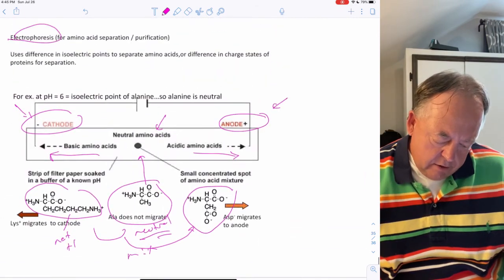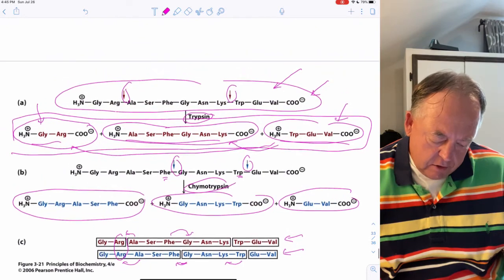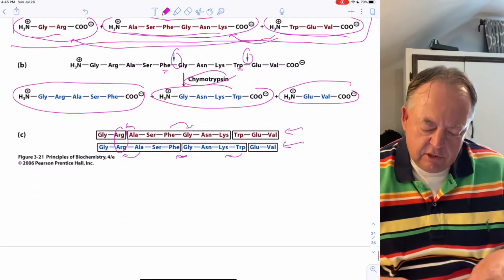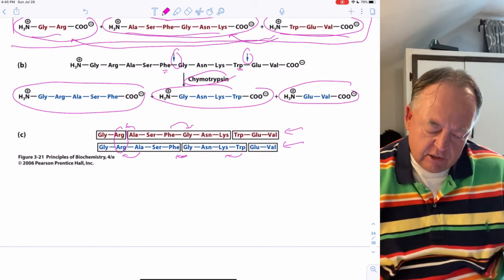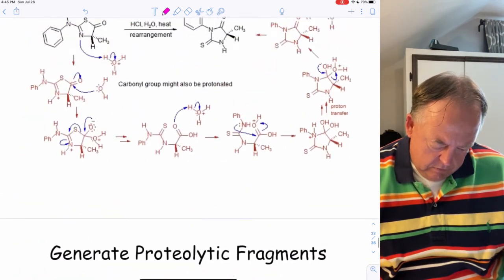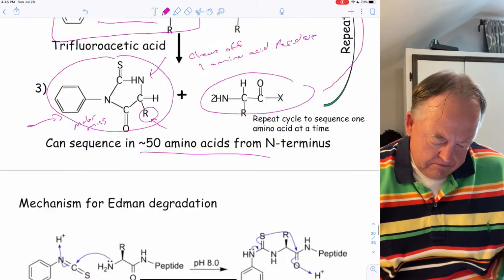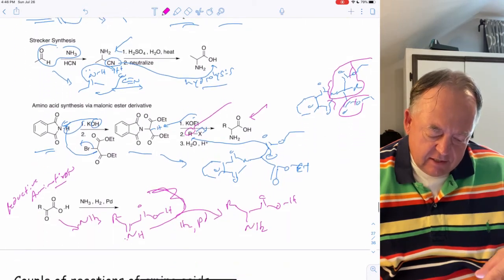Okay, so anyway, that's it for this chapter. What are the most important things to know? Maybe if you were given a sequence like this, how could you put those pieces back together to figure out the actual sequence of the peptide? Knowing the different reactions of how to synthesize amino acids.